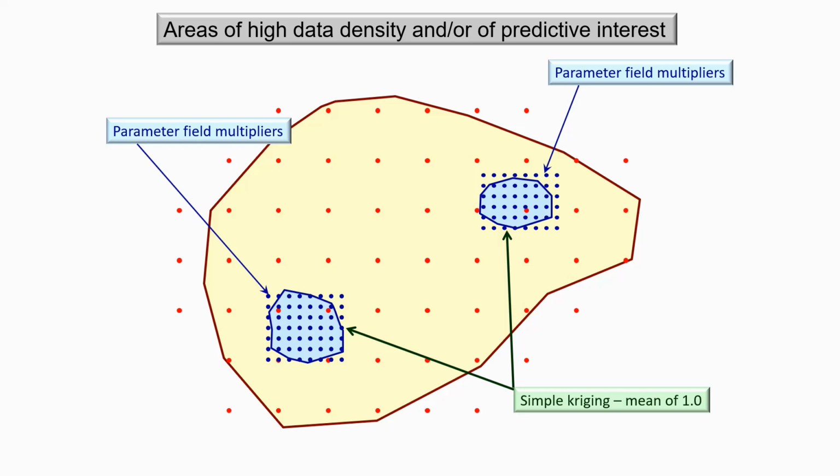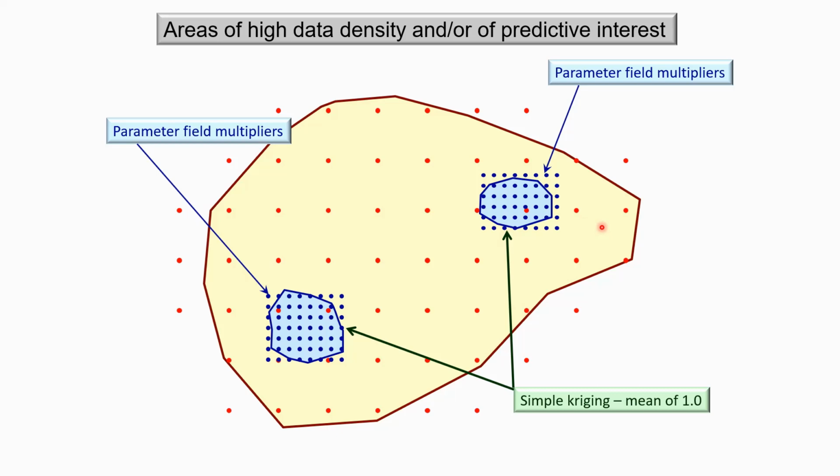Now, by using simple kriging with a mean of 1, this says that as the points to which we undertake the interpolation move away from where these pilot points are, we fade back to a mean of 1. So we can actually do extrapolation here, but the extrapolation is very stable.